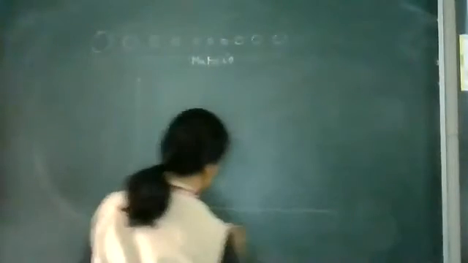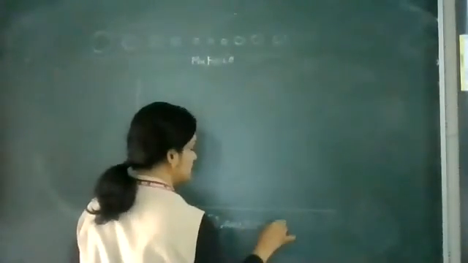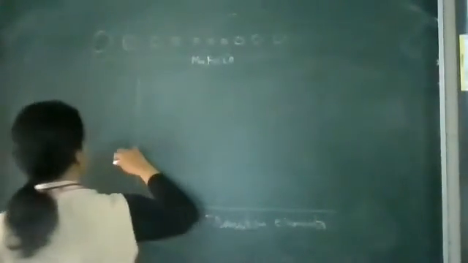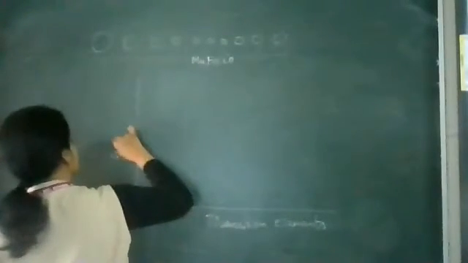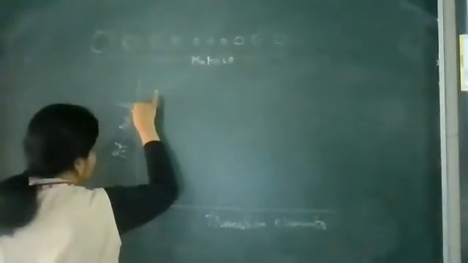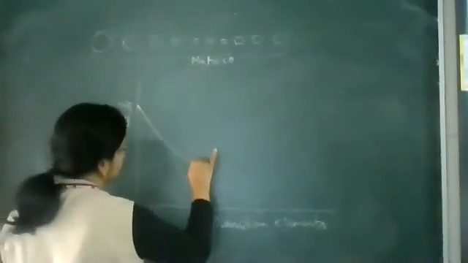If you want a graph between these transition elements and their atomic sizes or atomic radii: the beginning is highest, then it is decreasing and decreasing.